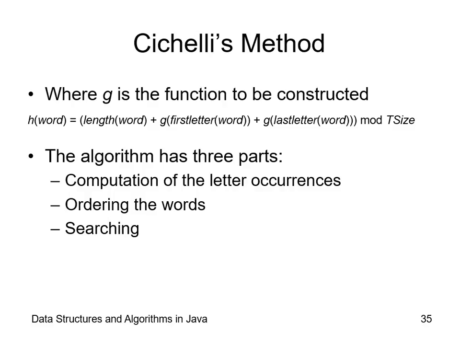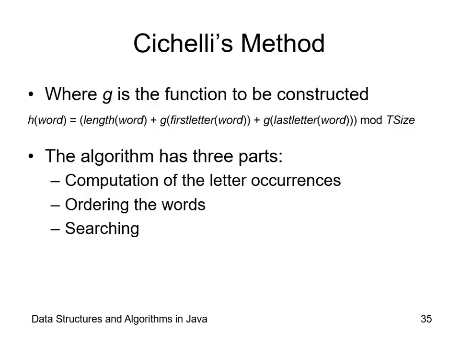What is G? We don't know what G is. This is what Cichelli wanted to find: what should the G function be so that we can make this hash function perfect. In other words, the hash function of the words that we know will have different results.